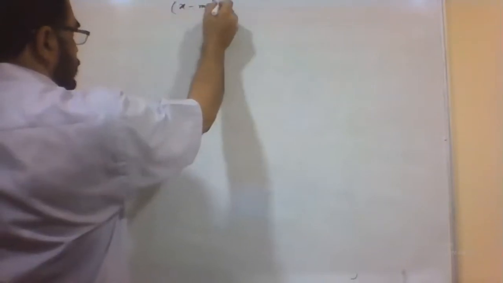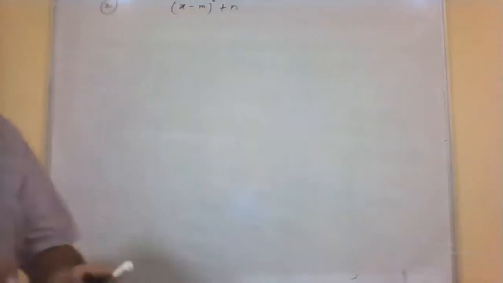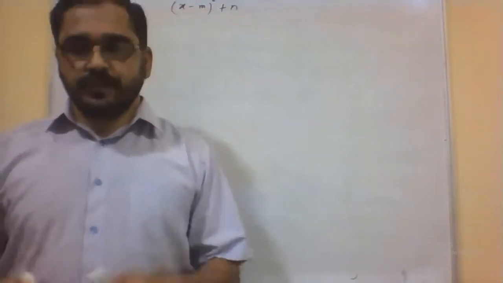Question number 2 is, express each of the following in the form x minus m whole square plus n. In this form, we will convert all the parts in question number 2.